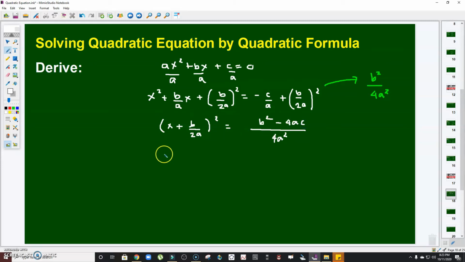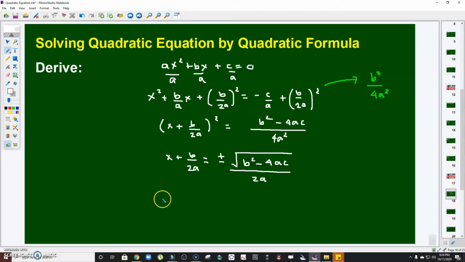Upon extracting the square root, what will happen on my left side is just x plus b over 2a equals plus or minus the square root of, of course, the numerator, b squared minus 4ac, all over 4a squared. But the denominator is a perfect square. The square root of 4 is 2, the square root of a squared is a. So therefore, the denominator here will become 2a.